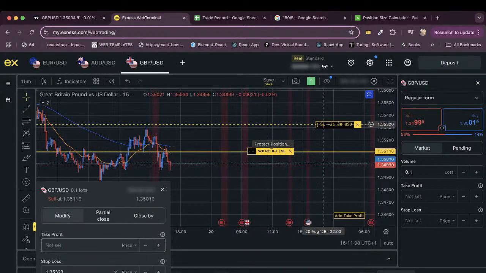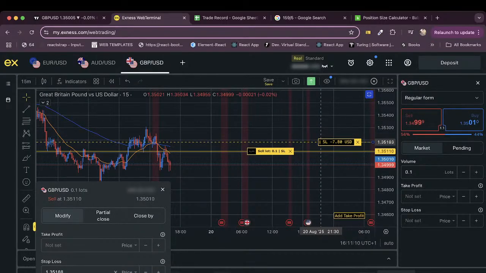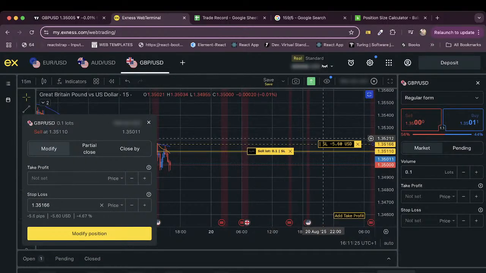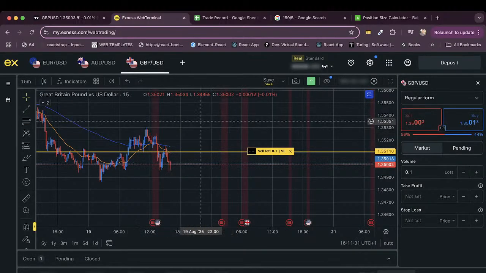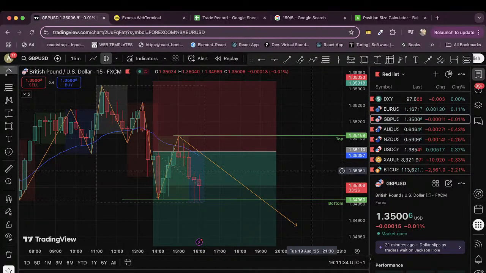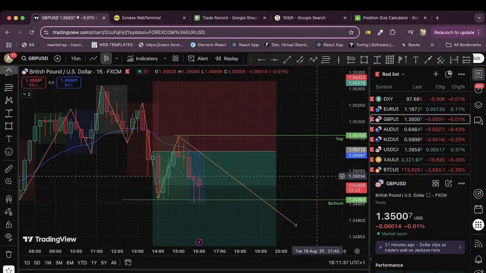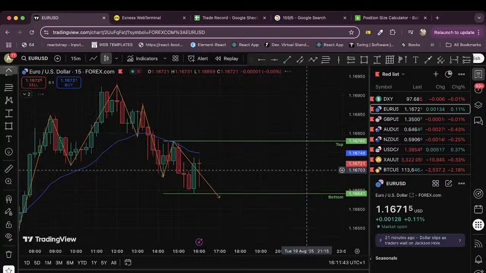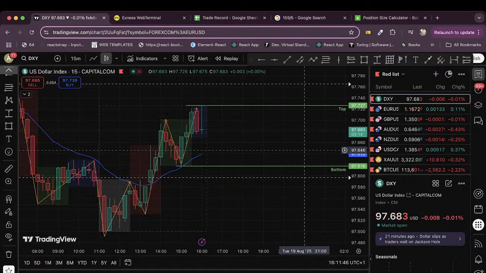I don't know how much you guys are risking, but for me, if I move my stop loss there, I would pull my stop loss from $22 to about -$5, almost -$6, which is fair. So instead of taking a $22 loss, I'll just take about a $5 or $6 loss, which is fair enough in my own humble opinion.